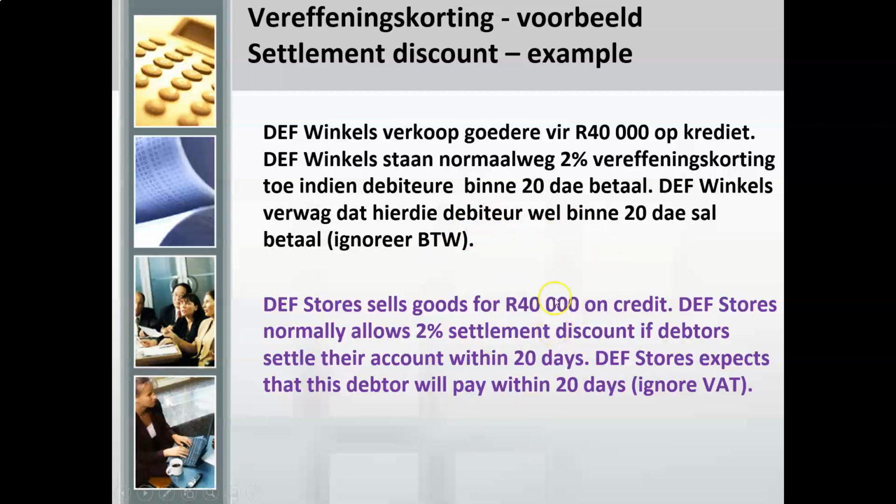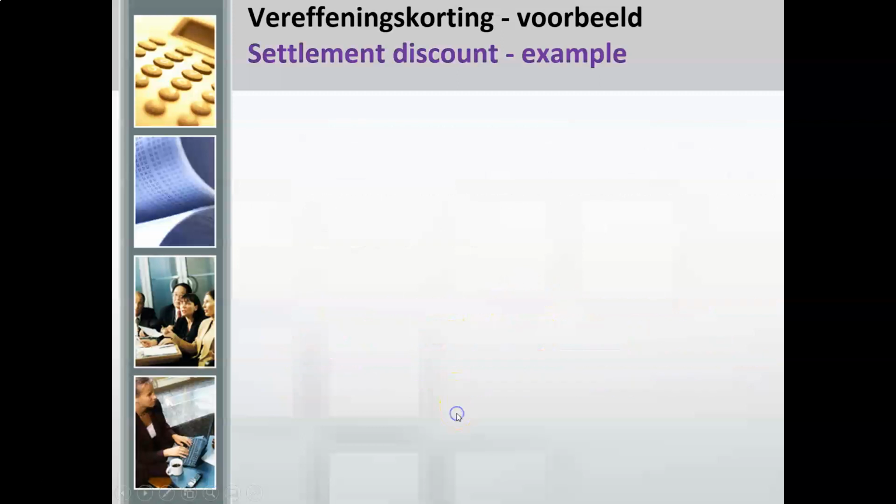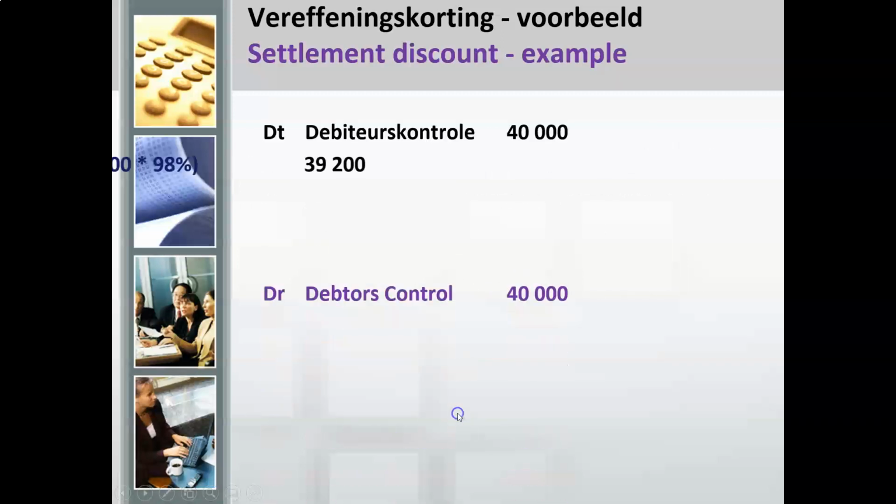Do I expect to receive 40,000 Rand on the sales transaction? Now, I only expect to receive 98% of the invoice amount eventually. So I can only take 98% of the invoice amount to sales. The other 2% I'm going to take to an allowance for settlement discount account.